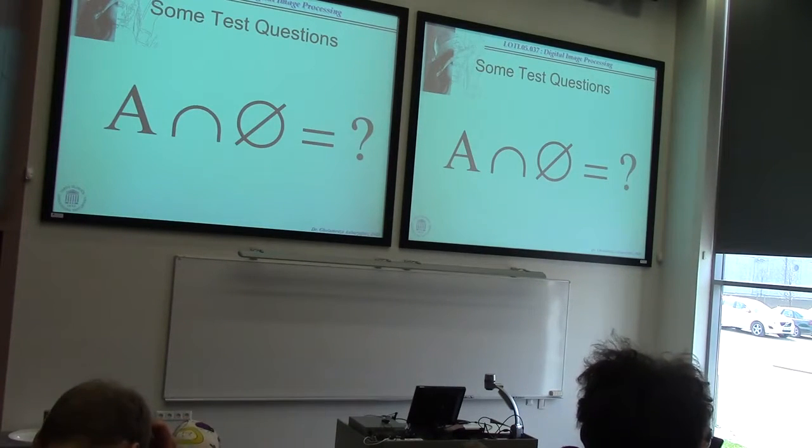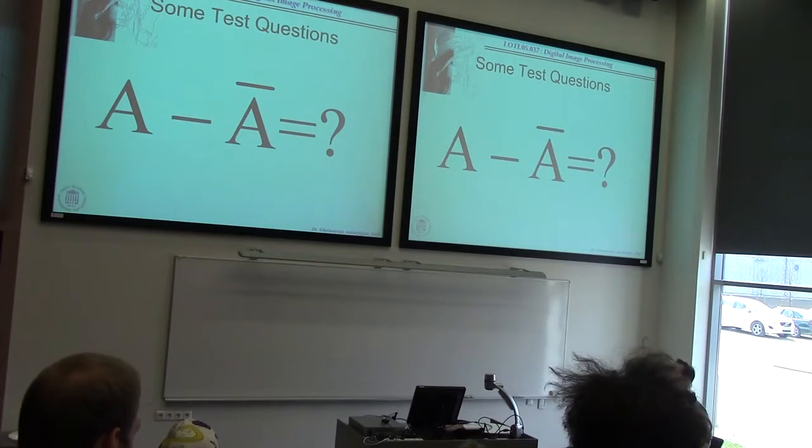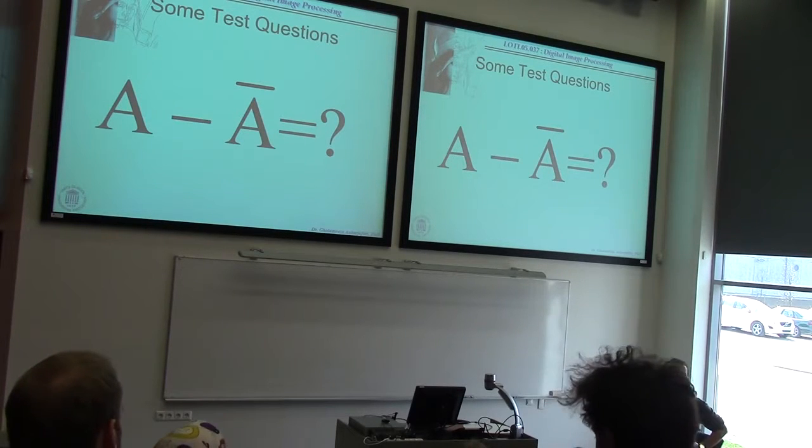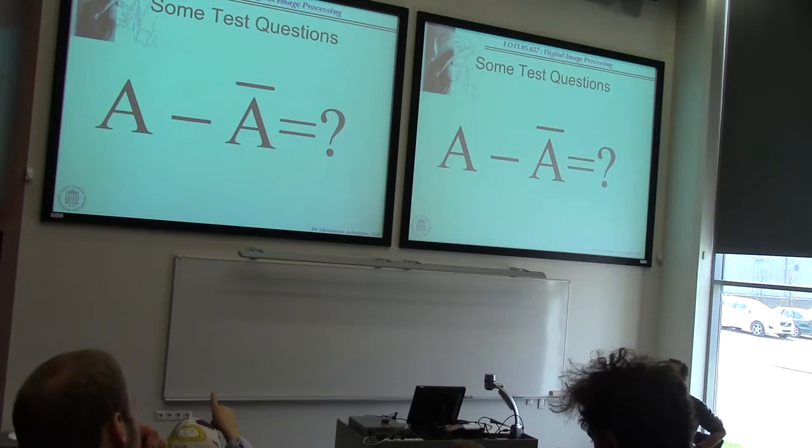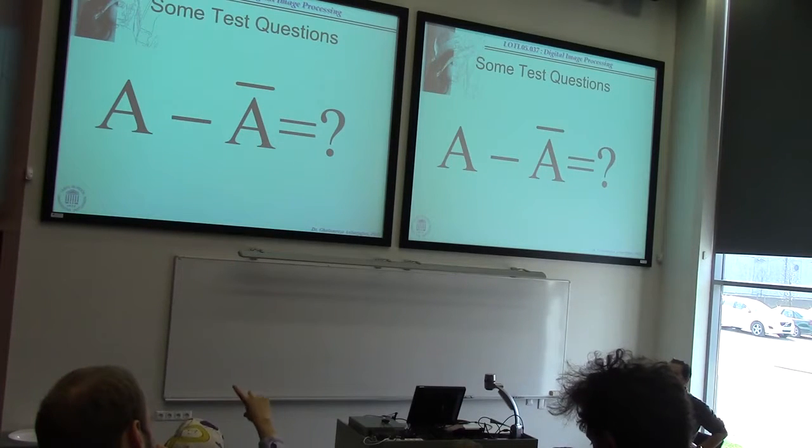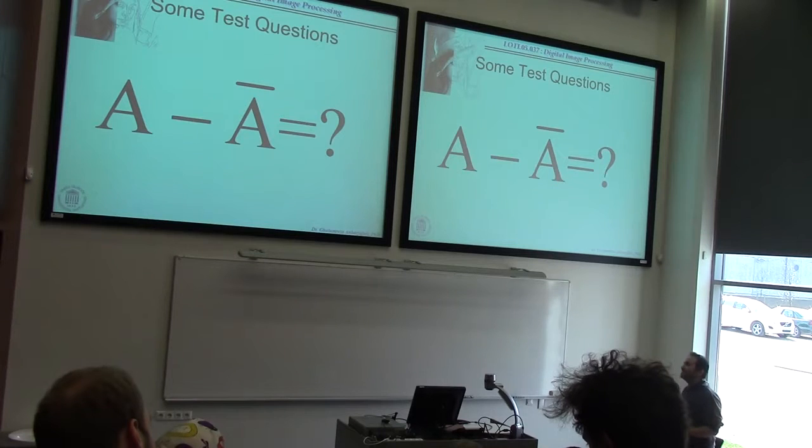The intersection of A with its complement is the empty set, because there is no common number between them.